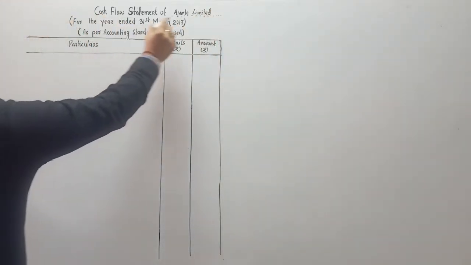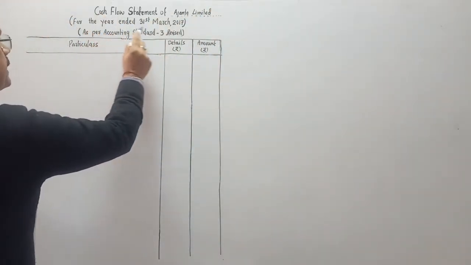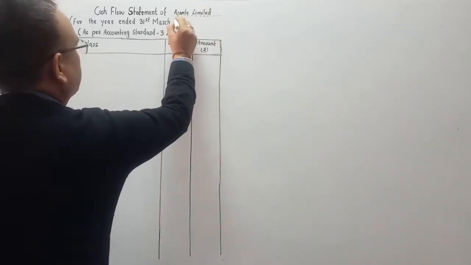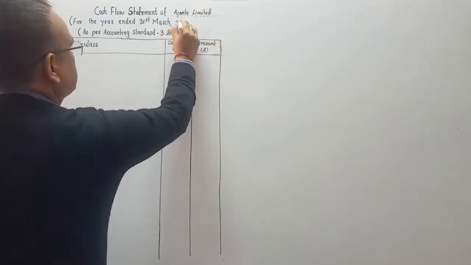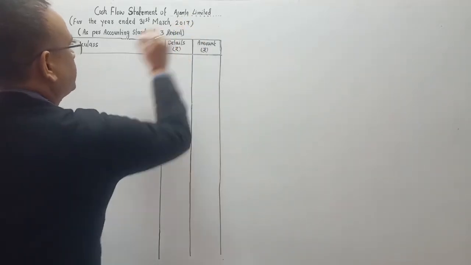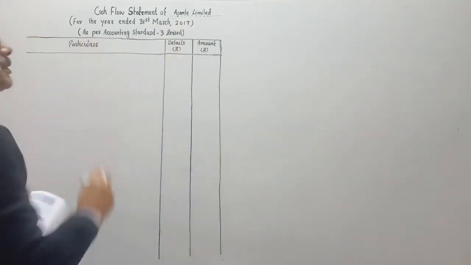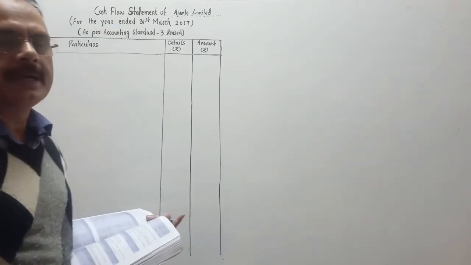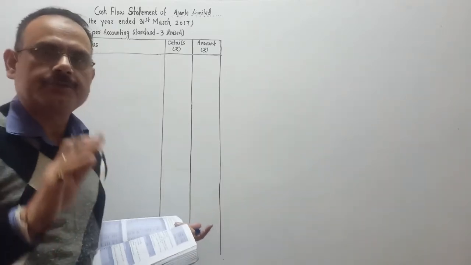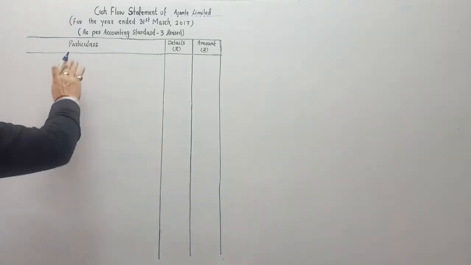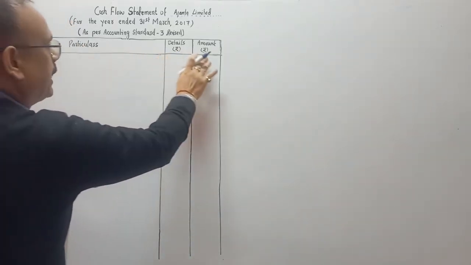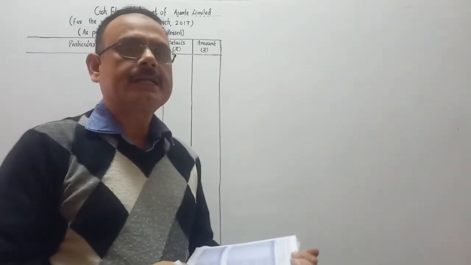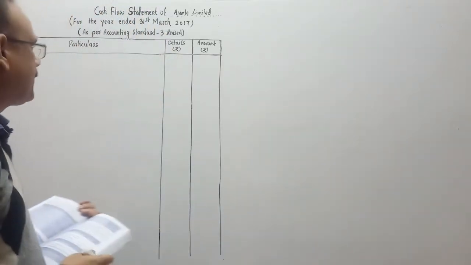Cash flow statement of Ajanta Limited for the year ended 31st March 2017, as per the accounting standard 3 revised. We are going to prepare the cash flow statement as per the accounting standard 3 revised. So the format is particular, with detail and amount in rupees. Okay. So start with the cash flow from operating activities.